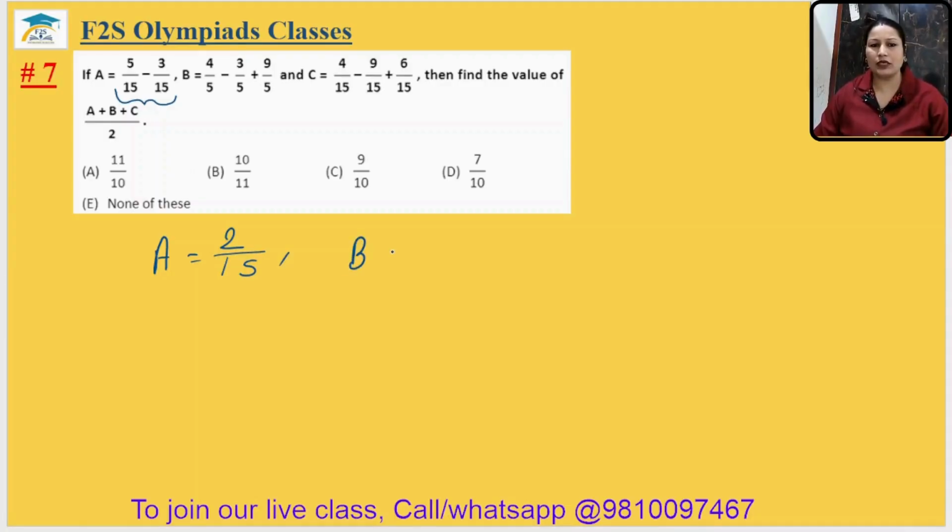B equal to 4/5 minus 3/5, so it will be 1/5, and 1/5 plus 9/5 will be 10/5. After simplification, 5 2s are 10, B equal to 2. Now C equal to 4/9 minus 9/15.